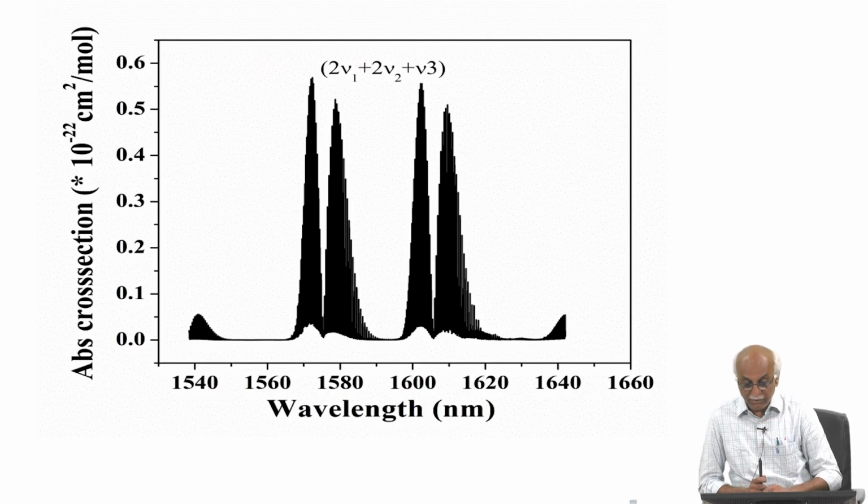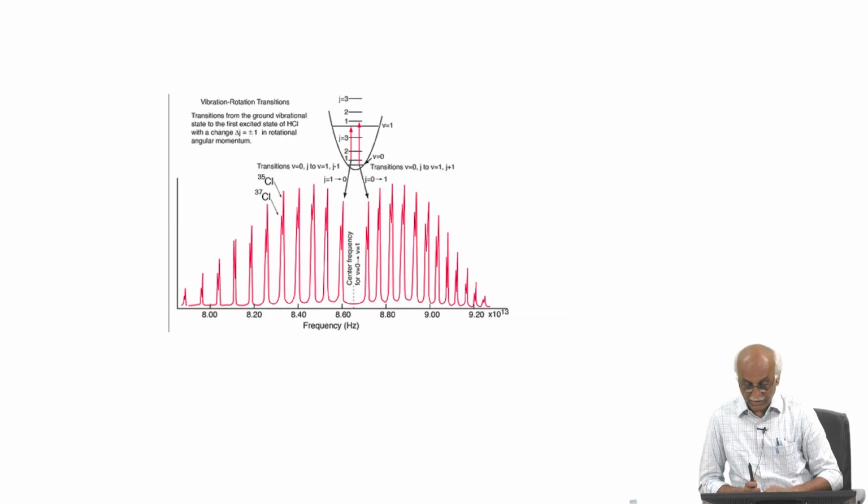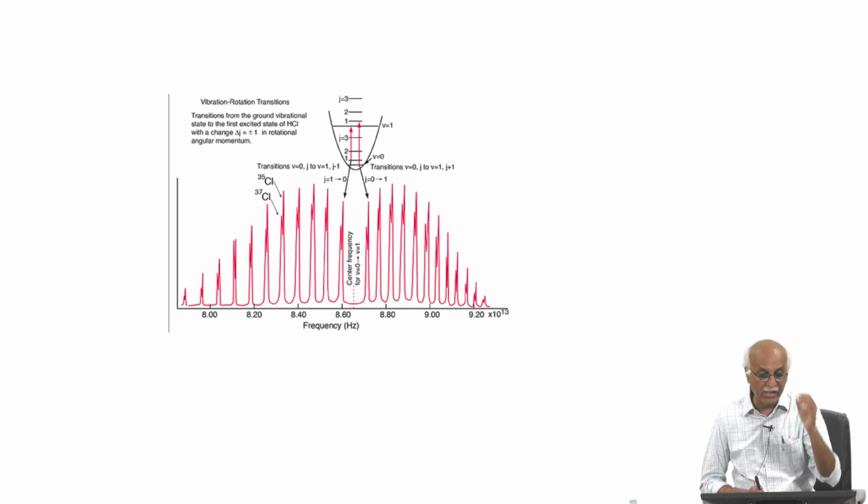Within the vibration bands there will be lots of rotational bands, and depending upon the energy levels of the vibrational transition bands, a molecular structure may have many such transitions. Here, for example, is the molecular structure of HCl in a gaseous state, and you will see that there are many such transitions.